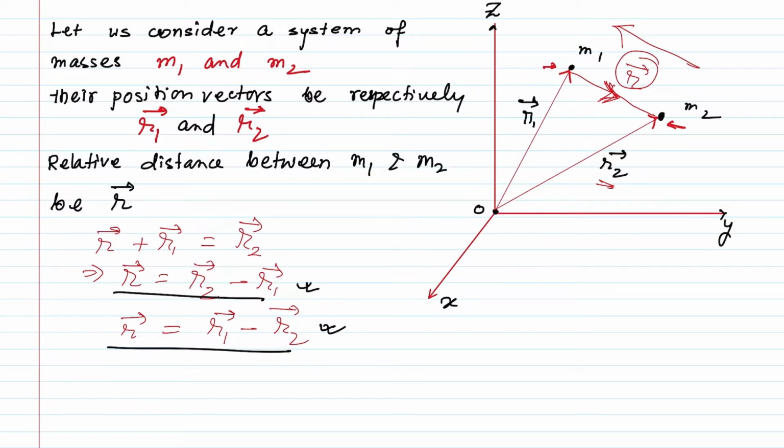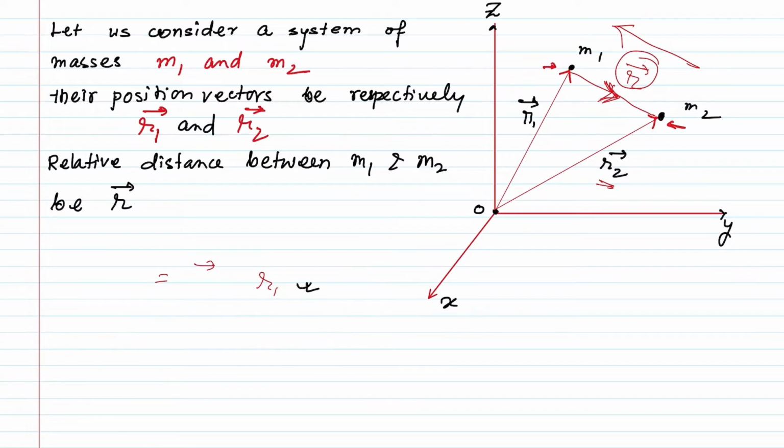So now let me clean this part. r is equal to, let me write, r2 vector minus r1 vector.